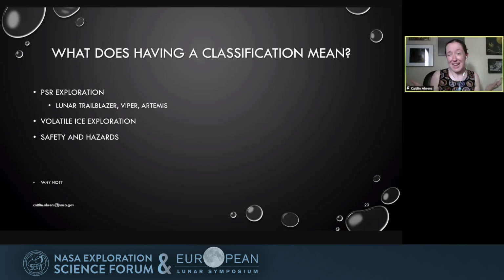So why have a classification? Good for us, it's type A, B, and C, and D. But in reality, knowing the different kinds of crystallization types and knowing the different kinds of thermal variations that we can have can really help us out with further exploration, especially with Trailblazer and VIPER, eventually to Artemis, figure out like, okay, where are the pure water ice spots, and then where's the carbon dioxide spots, and then also where's the ices that you want to be really careful of, especially the hydrogen sulfide type ices.